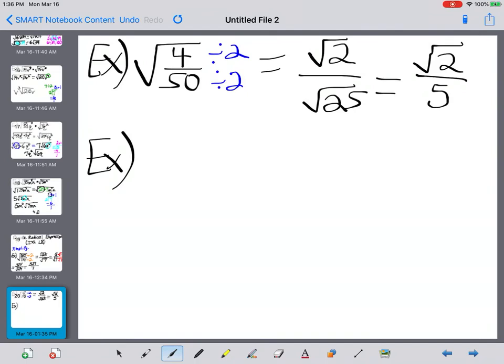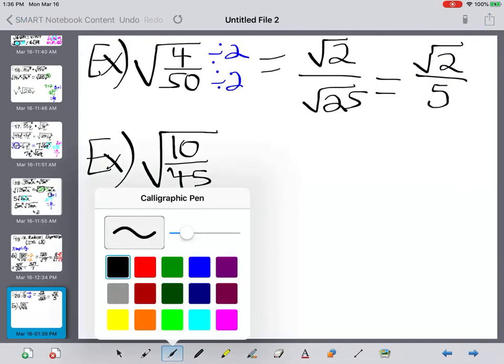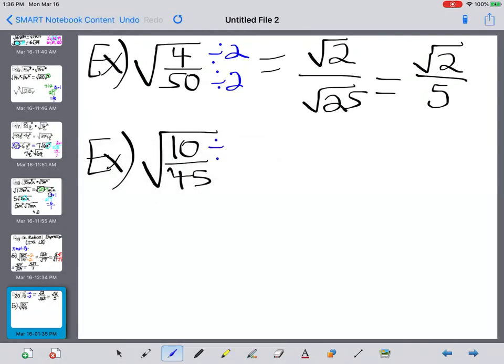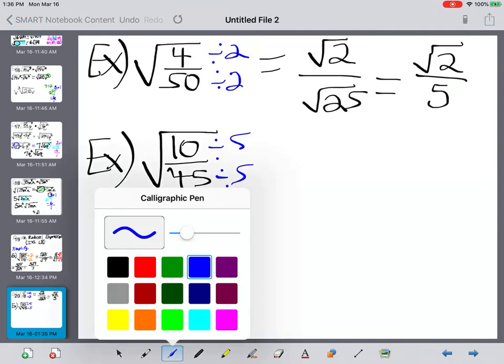On this one, let's do the square root of 10 over 45. Alright, once again, I can simplify. 10 and 45 both divide by a common factor of 5. So divide by 5, divide by 5.